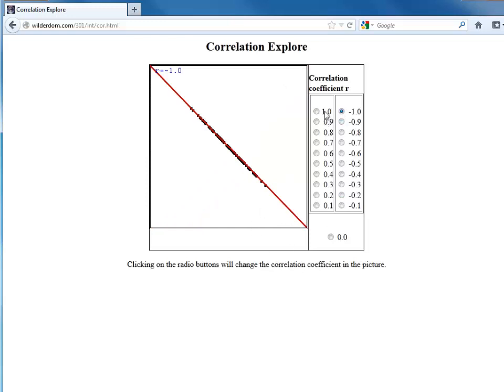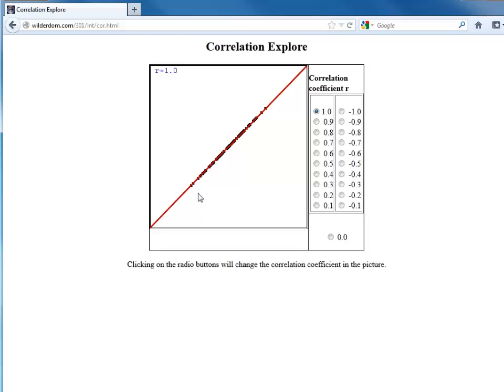So the idea here is, if you have a perfect relationship, as this variable on the x-axis is, let's say, 1, then this variable measured on the y-axis would correlate perfectly, so it would also be 1.